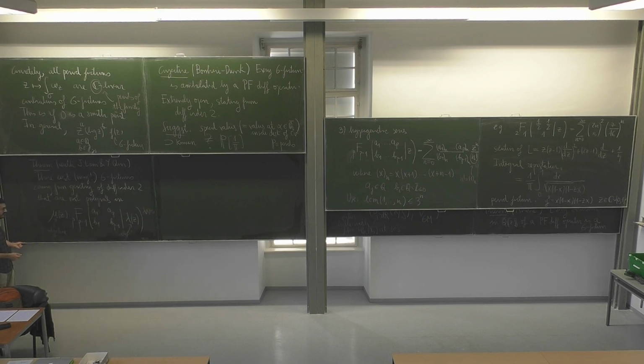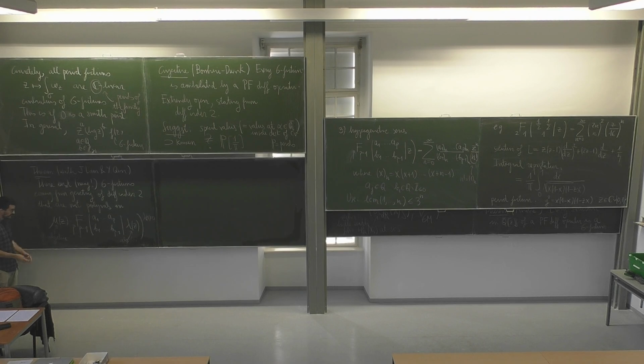So you get a big supply of G functions this way, and the statement is that these do not cover all G functions, and there are already many examples of differential order 2 coming from geometry which are not of this shape.